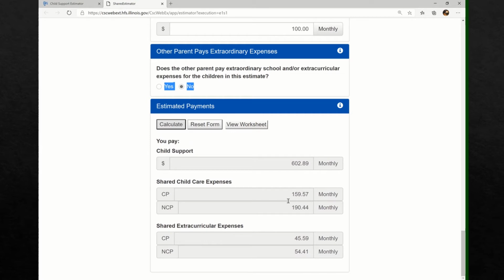These two numbers are simply what make up that final amount, and we'll see that in the worksheet when we click on it. And again, the shared extracurricular expenses, which was $100 for the football lessons, got split between the CP, which is the custodial parent, your ex, and the non-custodial parent, which is you.